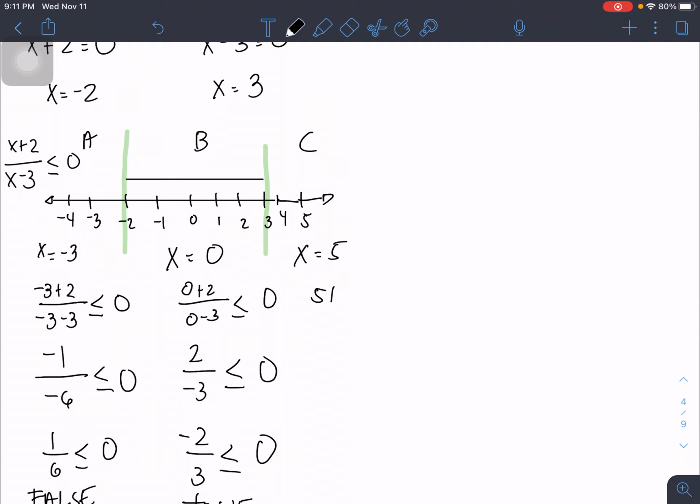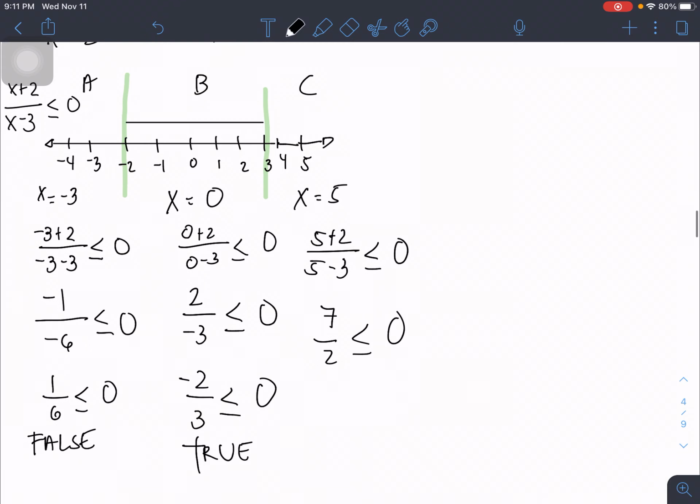So (5 + 2)/(5 - 3) less than or equal to 0. 5 + 2 is 7, 5 - 3 is 2. Apparently, this argument is not true. So this will be false. 7/2 is not less than 0. So our interval will lie on region B only.